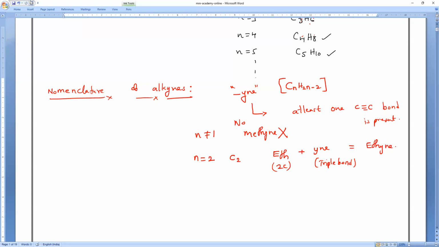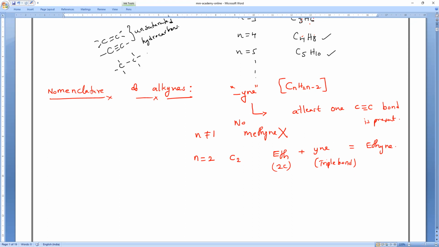Remember, many times I'm saying, but again I'm saying, double bond and triple bond are both called unsaturated hydrocarbons. And single bond, what do we call it?